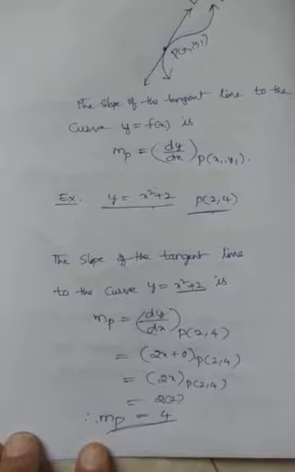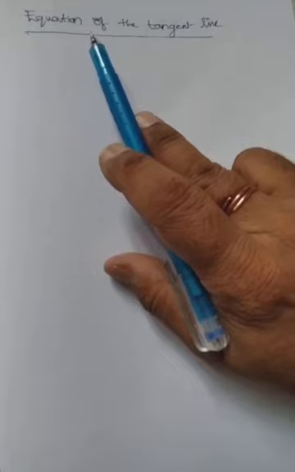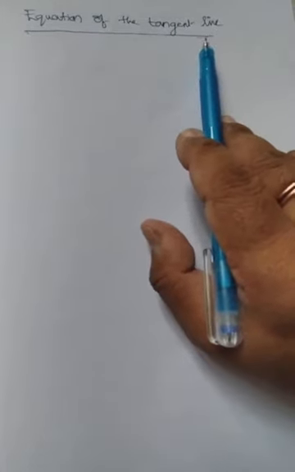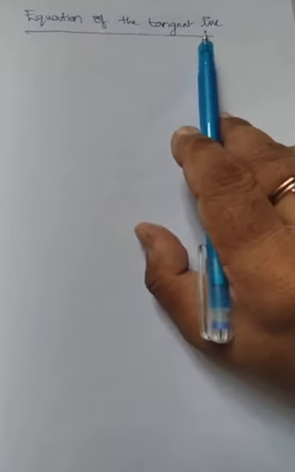Now we are going to learn the equation of the tangent line. Before that, we learnt about the slope of the tangent line to the curve, and now we are moving forward to the equation of the tangent line.